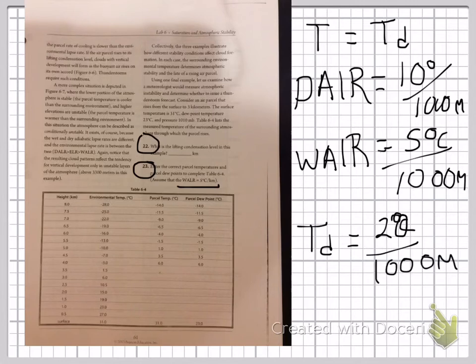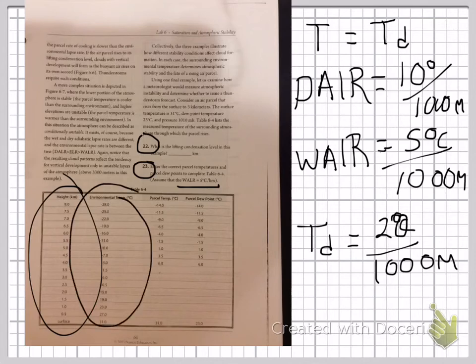Since this is very similar to what we were working on in question 18 with the mountain, except this time you're going to be just rising up in altitude, make sure that you're always looking at your heights and altitude, and then working your parcel of air and your dew point for that parcel of air. This time the only additional catch is you're going to be comparing it to atmospheric stability, and that gives you your environmental temperatures, which are right here.